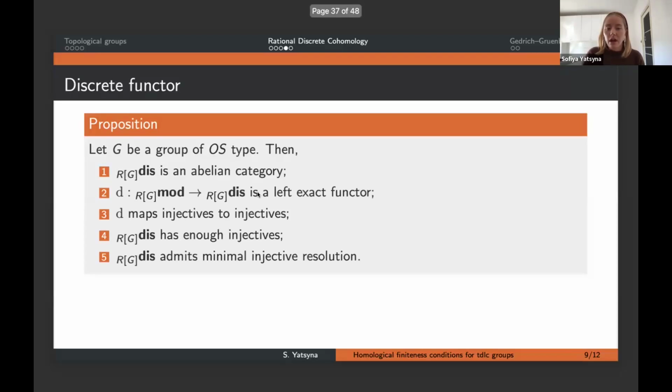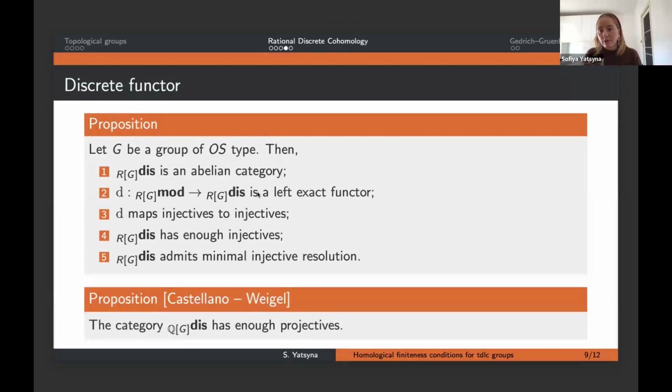This allows us to have a minimal injective resolution, so we are able to construct injective resolutions. Castellano and Weigel, in their 2016 paper, showed that if we look over the rationals, we also have enough projectives. Hence we look at rational discrete cohomology when talking about TDLC groups, because we want our modules to have both enough projectives and enough injectives so we can have these resolutions.